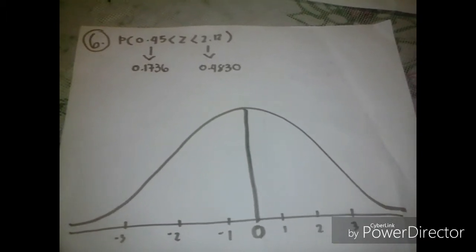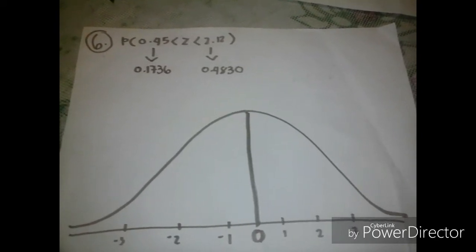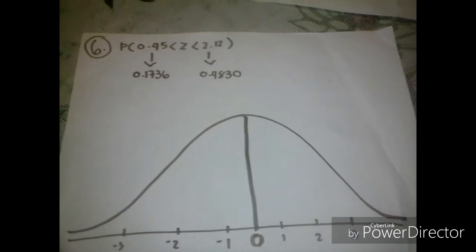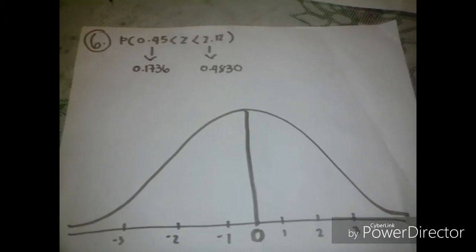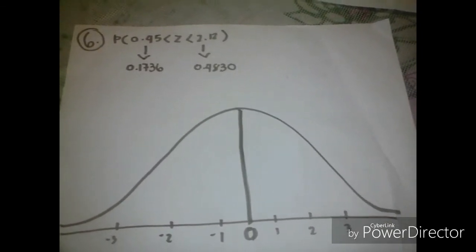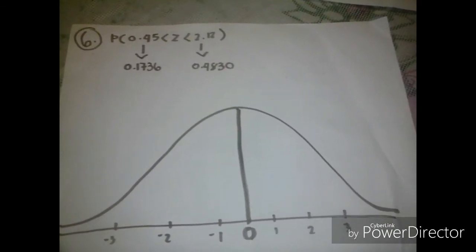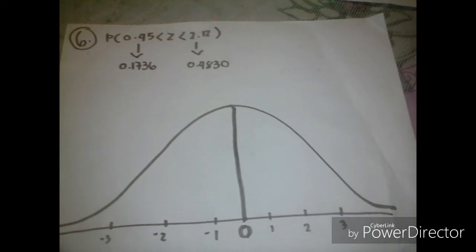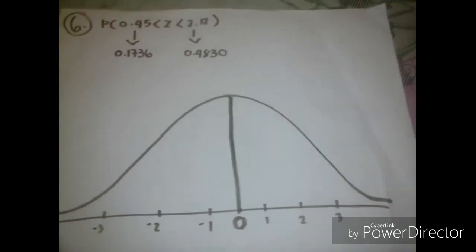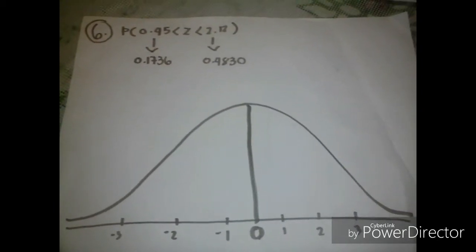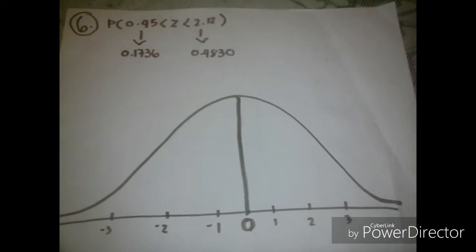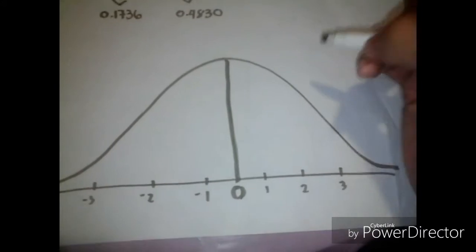First you need to find the area of 0.45 and 2.12 in the z table, which is the area of 0.45 is 0.1736 and the area of 2.12 is 0.4830. After that, the 0.45 and 2.12 need to be located in the normal curve, which is like this.